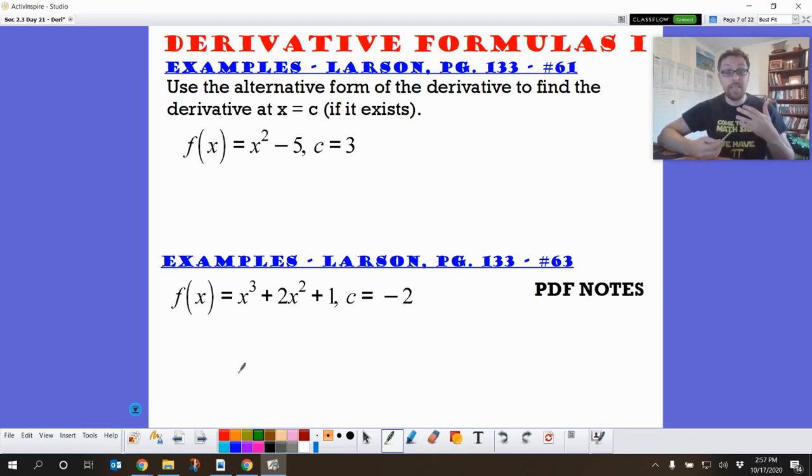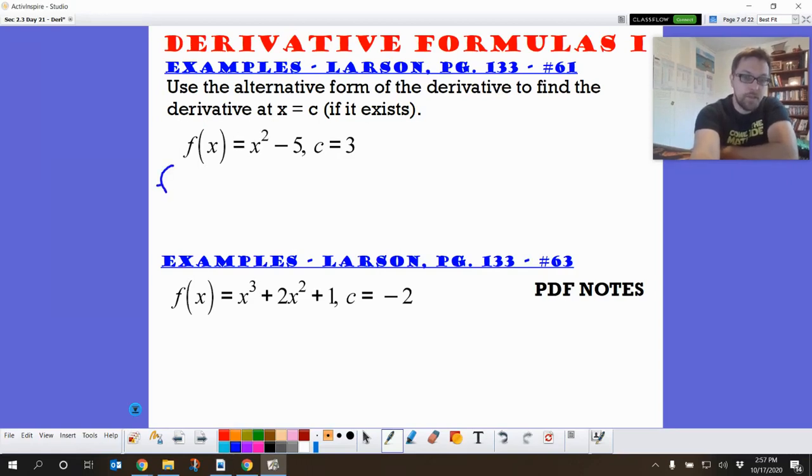So I want to find the derivative at x equals c if it exists for this one. All right, so our new function says, okay, do f prime of 3, because that's the c value that I was just given right there. And my new form is I do the limit as x approaches c, but our c value is 3.